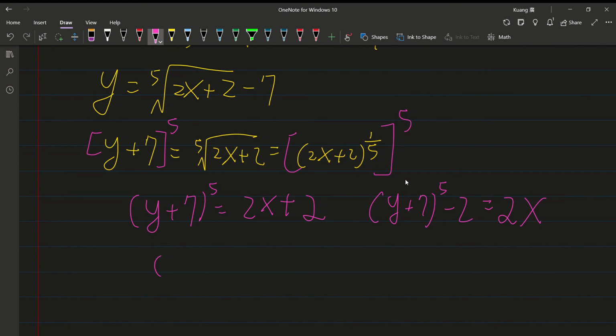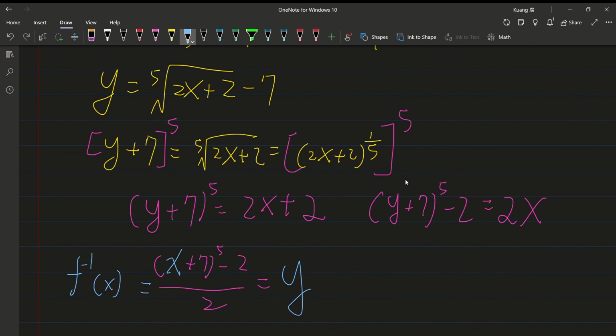So that would be y plus 7 to the 5th power minus 2 over 2 equal x. And then the last step, you switch x and y. So that would be the inverse function of the original function. If you have any questions, you can ask me.